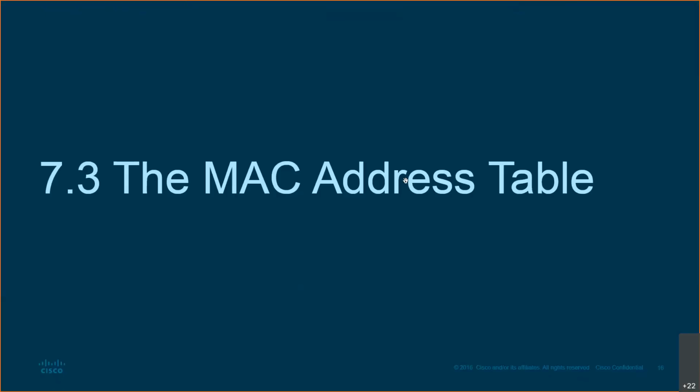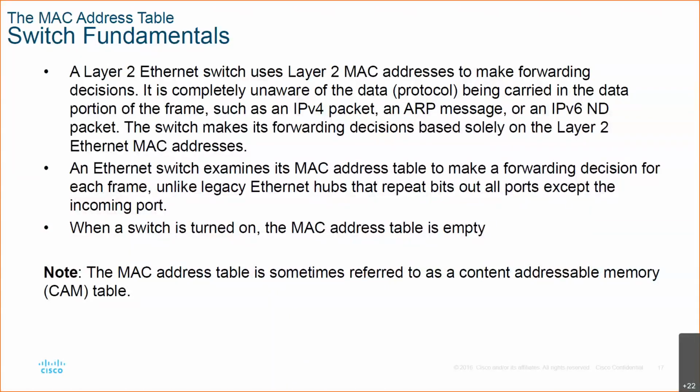Now let's look more at the MAC address table. Today's lab will be mostly dealing with looking at the switch's MAC address table and your computer's MAC address. The data link layer Ethernet switch uses layer 2 MAC addresses to make forwarding decisions. It is completely unaware of the data protocol being carried in the data portion of the frame.